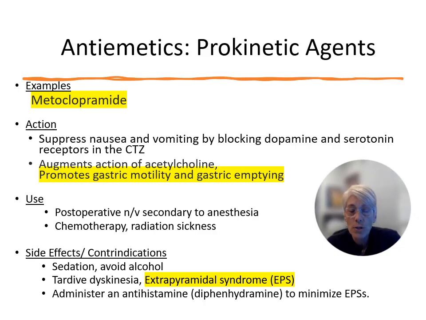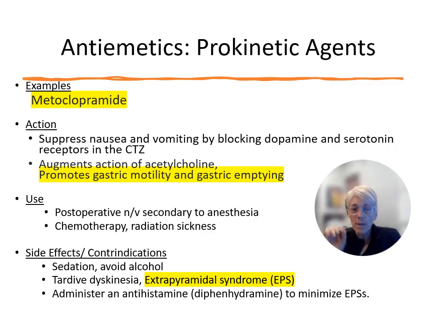Another agent we can use for nausea, for sure. Because we are blocking dopamine and serotonin, we may see some of those extrapyramidal syndrome, that tongue thrusting, the pill rolling tremors, the tardive dyskinesia is that tongue thrusting, which we see commonly with our antipsychotic medications.